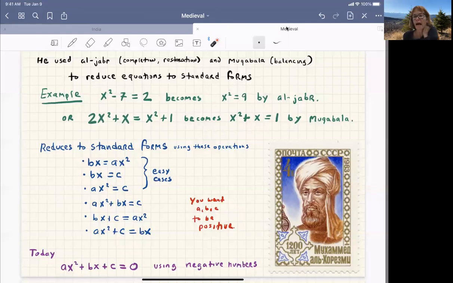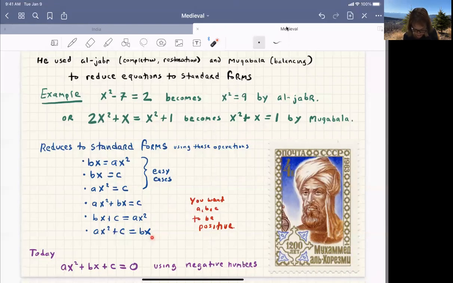Next, you might have all three in one equation. But if you're thinking in terms of only positive numbers, then here are the forms that you would get. You could have the square and the number, or the square and the x with positive coefficients on the left and then a positive number on the right. Or the square could be by itself and then the x and the constant are on the other side with positive coefficients.